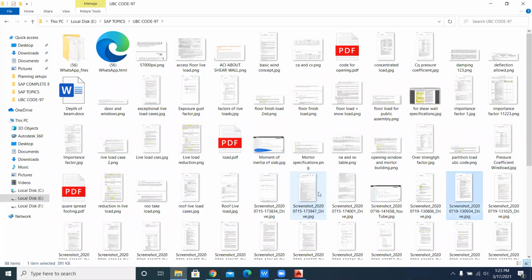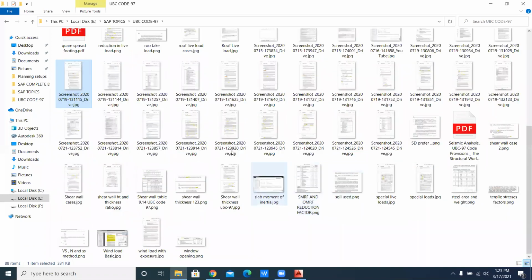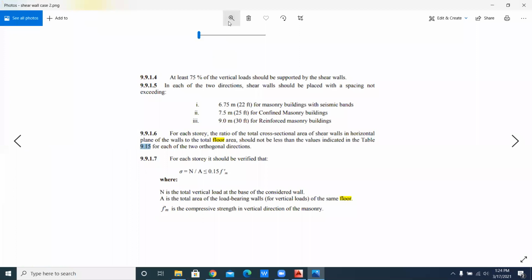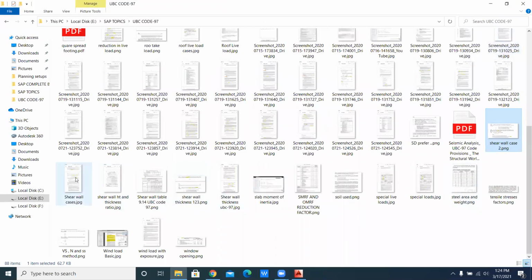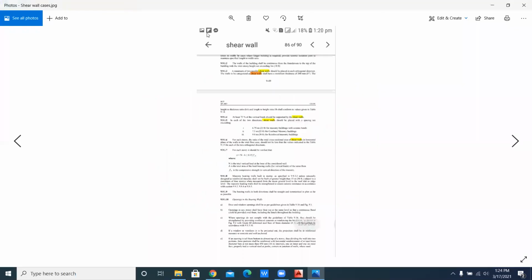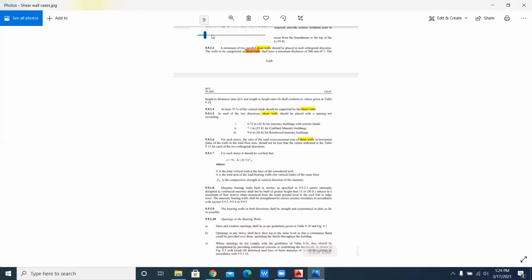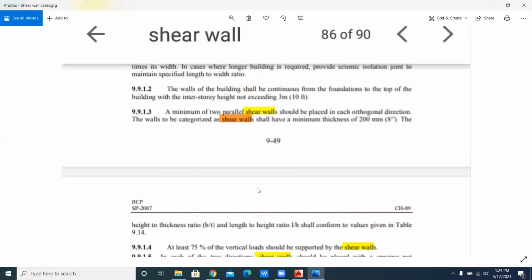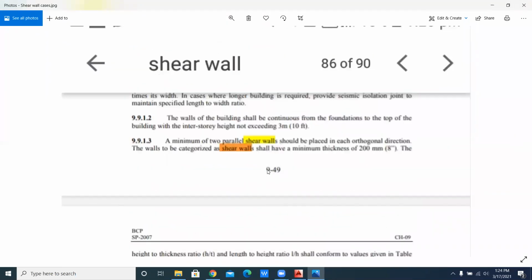It is about shear wall, chapter number 9, page number 49. You can find it there, but for my understanding, I have captured some pictures.